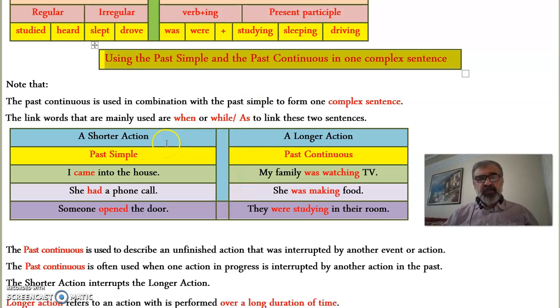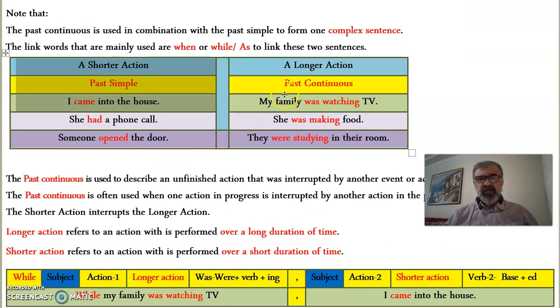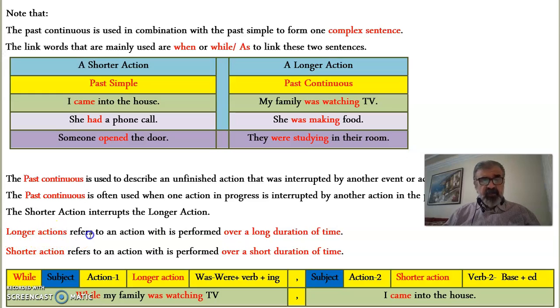Now, as for the past simple, we call that a shorter action. What do we mean by a short action or a long action? Longer actions refer to an action which is performed over a long duration of time.